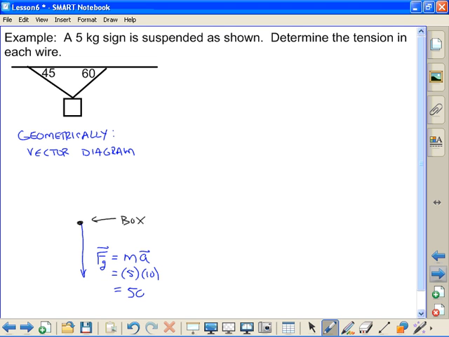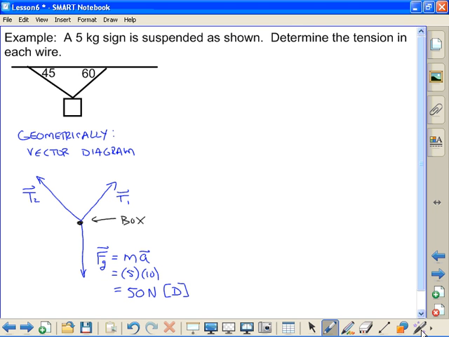So the size or magnitude of this vector is 50 newtons, and it is down. The other 2 forces come from the tension in these wires. So we're going to have a tension. I'm going to call this one tension 1, and this one tension 2.